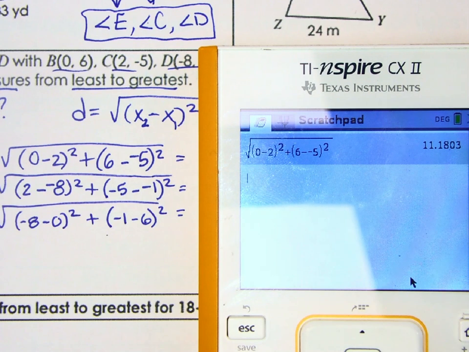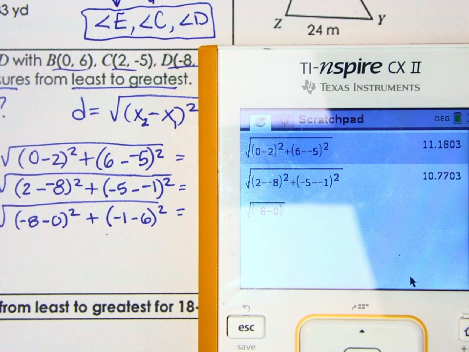Then we're going to do square root of 2 minus negative 8 squared plus negative 5 minus negative 1 squared. That's the other one. And then the last one is square root of negative 8 minus 0 squared plus negative 1 minus 6 squared. And that's the other one.